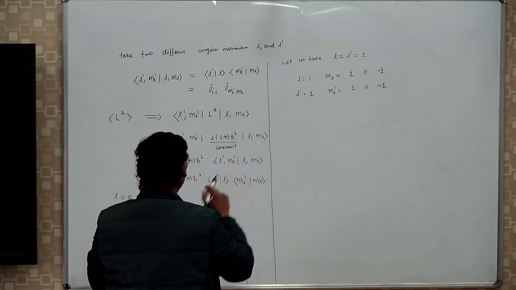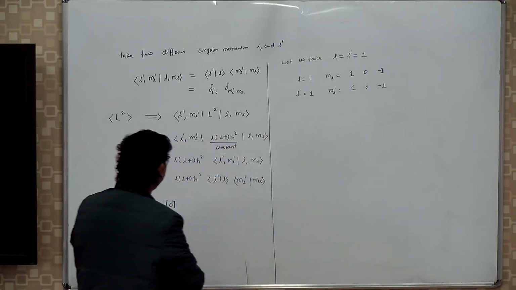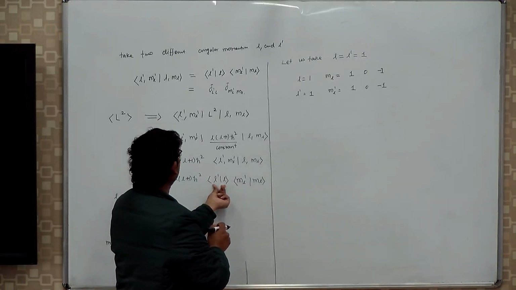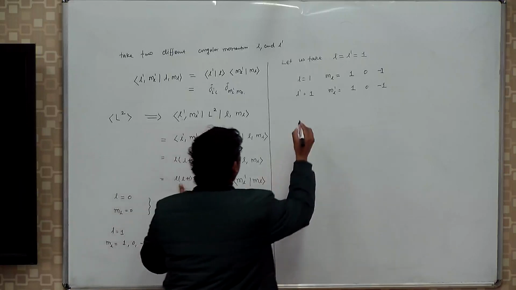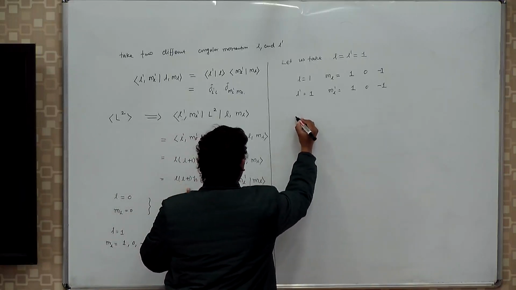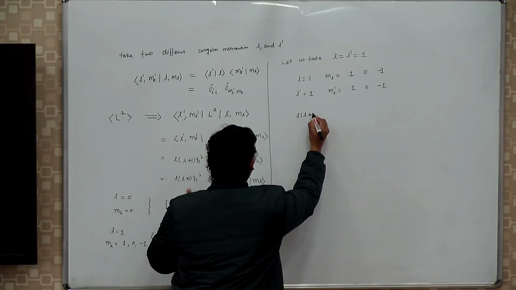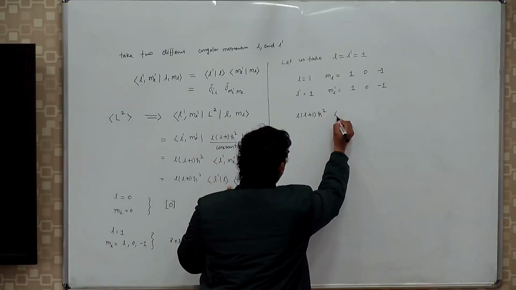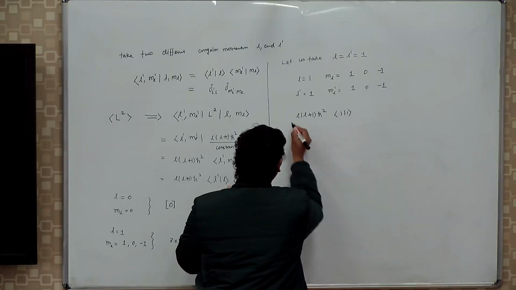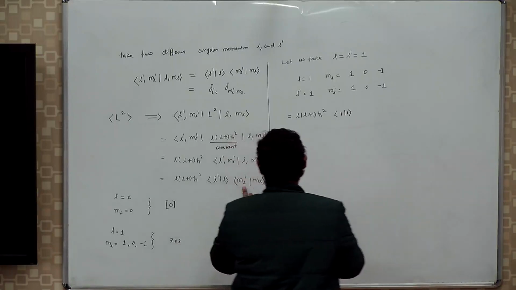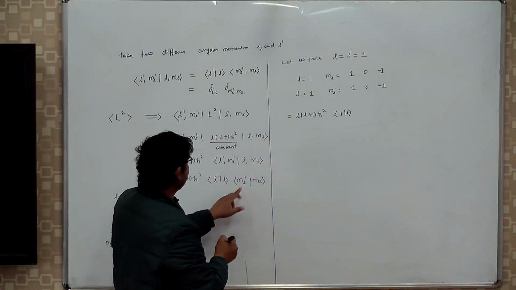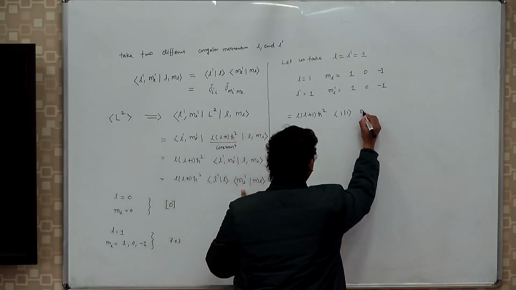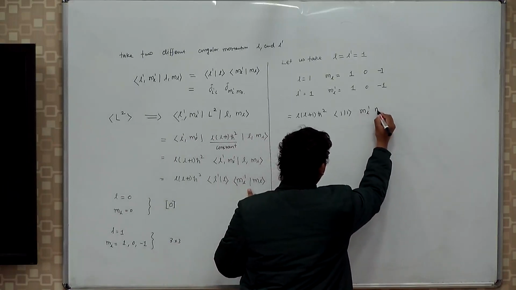If we apply this condition to this expression, then L dash will be 1. L into L plus 1 ħ squared, here this will be 1, and there are different possible permutations between M L dash and M L, so that we can make it in matrix form.